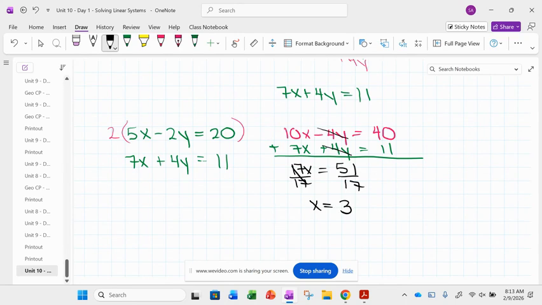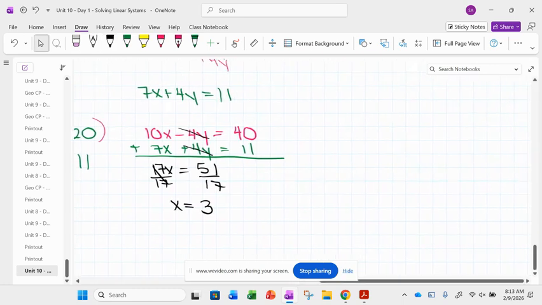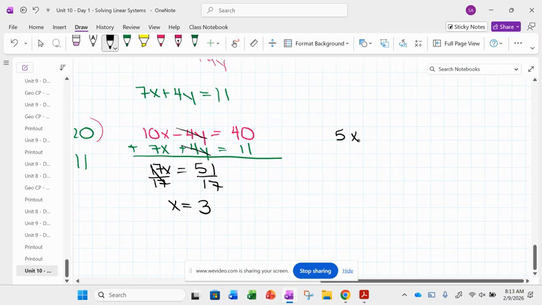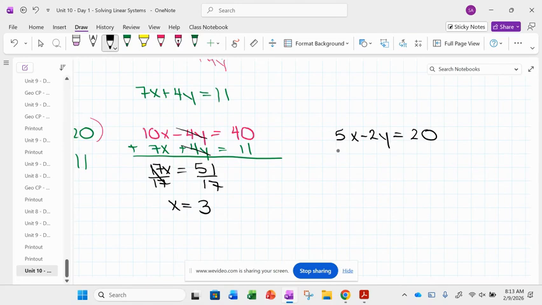And now to find the corresponding y, we just take any equation and plug in for the x. So I'm going to take the 5x minus 2y equals 20. And I'm going to have 5 times 3 minus 2y equals 20. 15 minus 2y equals 20.